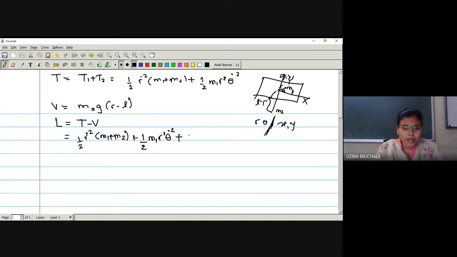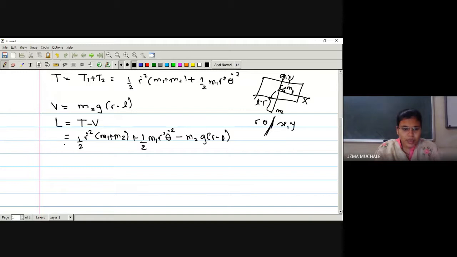The value of V is m2 g (r minus l), it should be minus. I hope you remember why V1 is 0. Why is V1 0? Because there is no height for the first particle m1. What is the height of the second particle? The distance which we are covering is called the height of the second particle, L minus R.